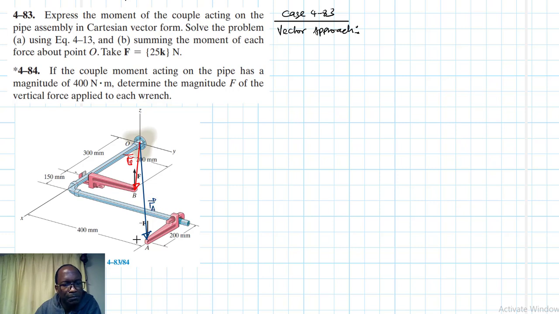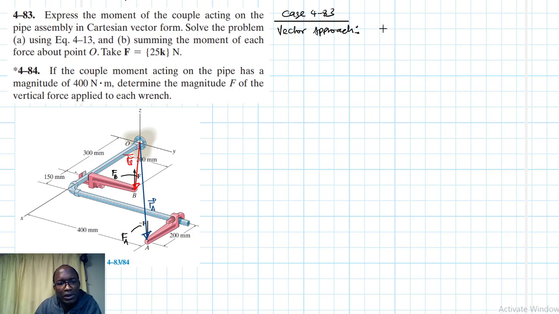All right, and then let's call this particular force here FA. We know they have the same magnitude but opposite direction. Sorry, that one we call FB. Let's call this one FA. The reason I'm doing this is because they have opposite direction and we want to use the vector approach.